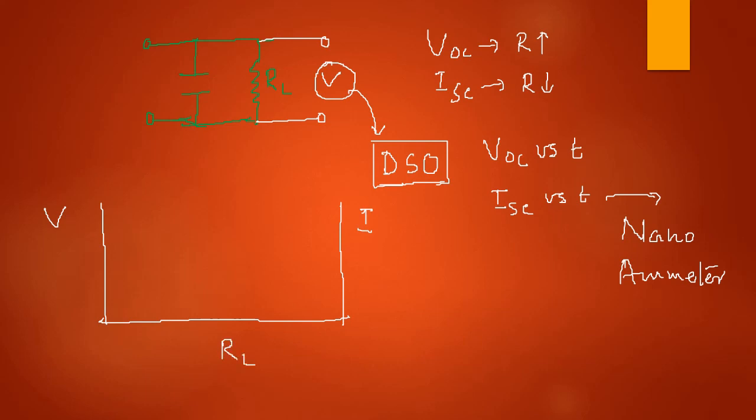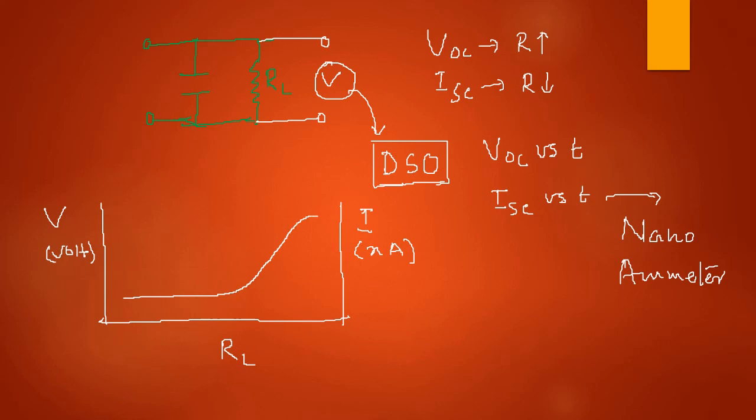This is a very small current, nanoampere, and this you will get in volt. So this voltage will vary like this, and gradually it will increase.